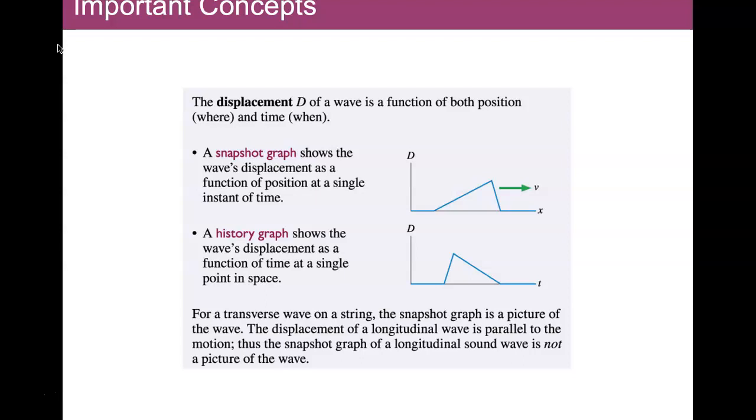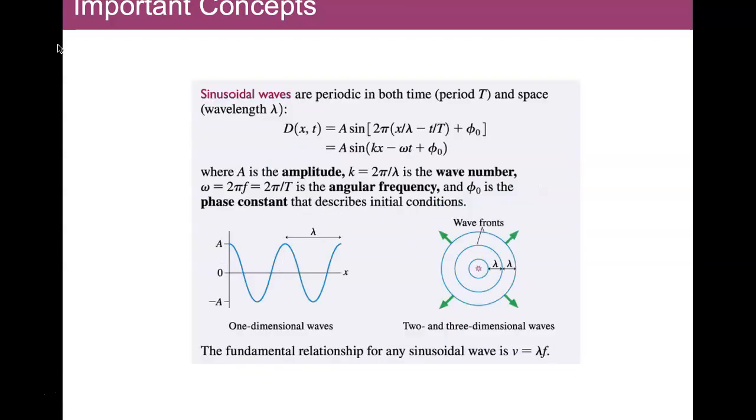In one, time is fixed, in the other, distance is fixed. A very important equation describes general sinusoidal waves. We had the amplitude, the wave number, angular frequency, and phase constant.